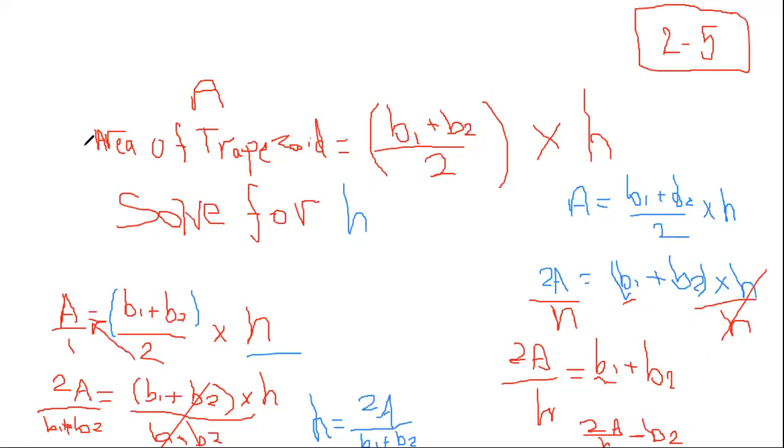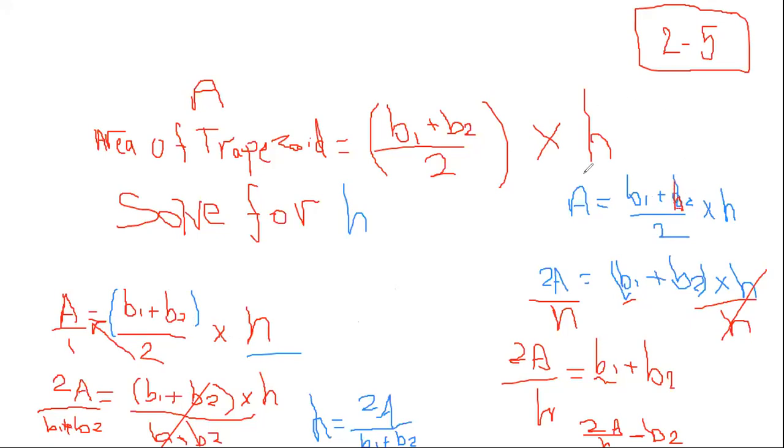In this case, as I said, we have a quick method. I'm looking for B1, then 2 times area over h, but don't mix up that this one was B1 and B2.